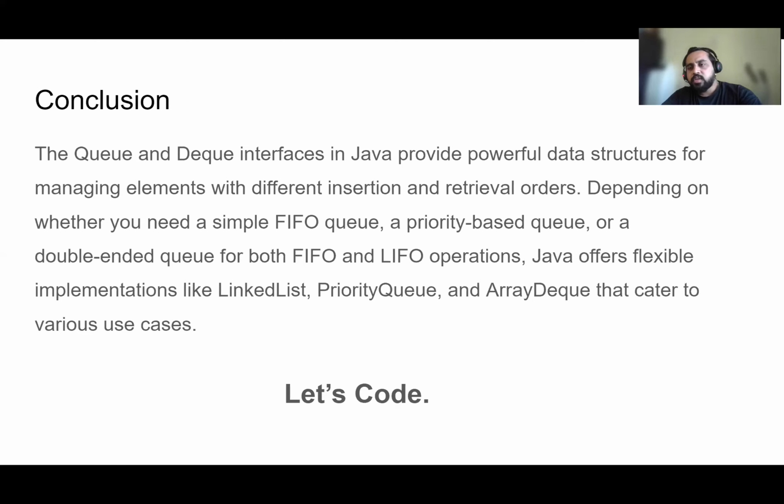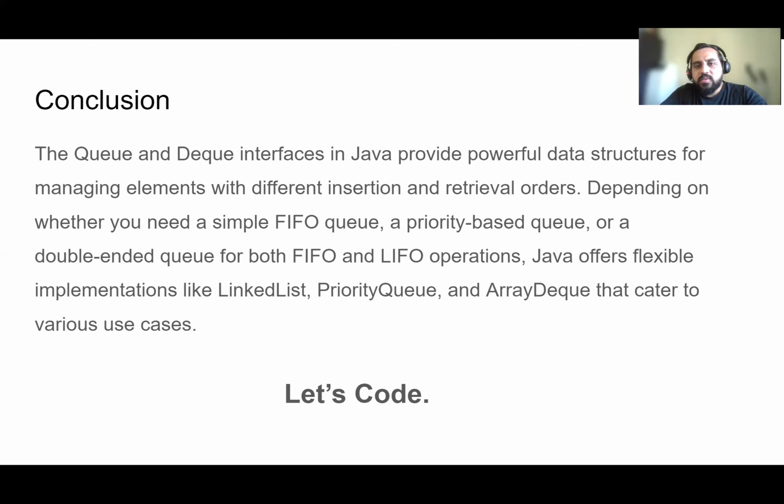So it's a developer's duty to find out which data structure or collection class is suitable for my data. This finishes our coverage of the collection framework, that is the Collection interface, its sub-interfaces and their child classes.